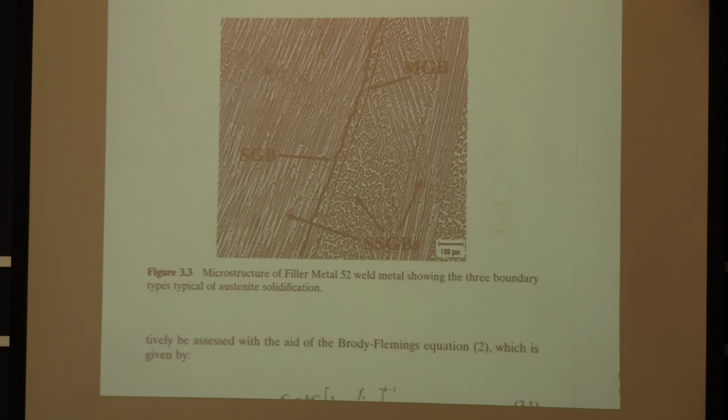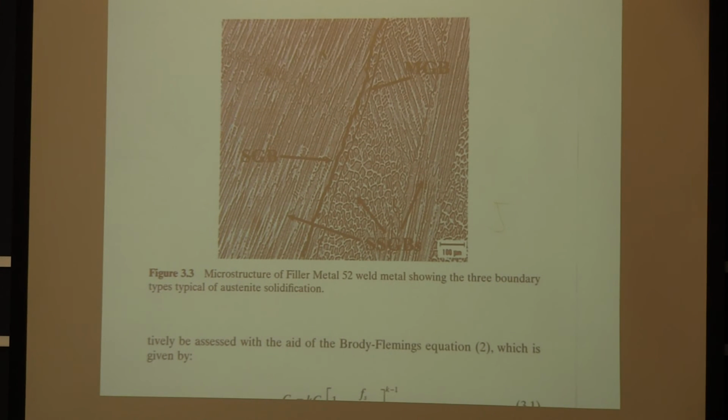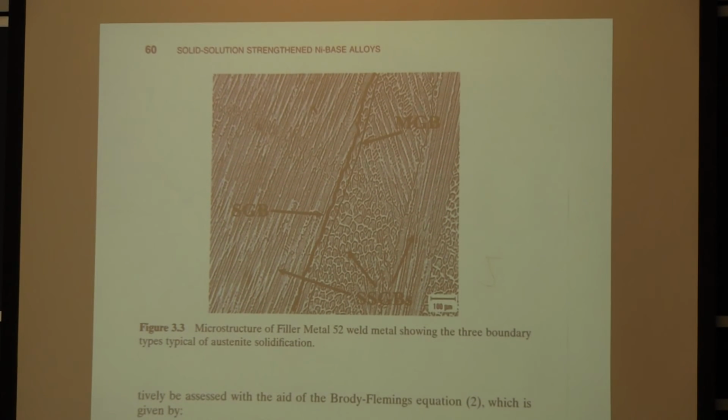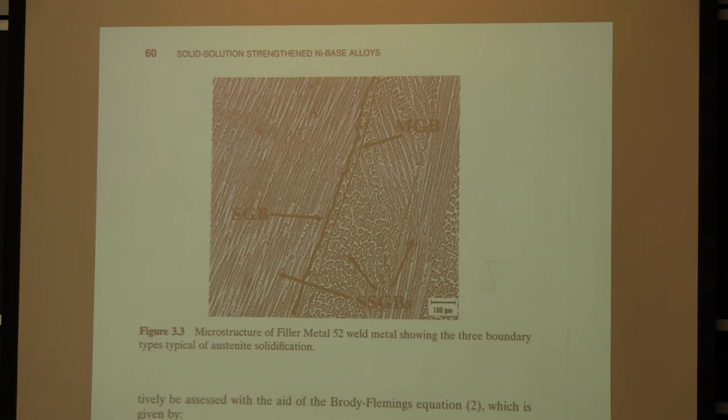So that was a schematic. This is a real microstructure that demonstrates some of those boundaries. So right along here, you've got the solidification grain boundary where you had two solidification fronts coming together.